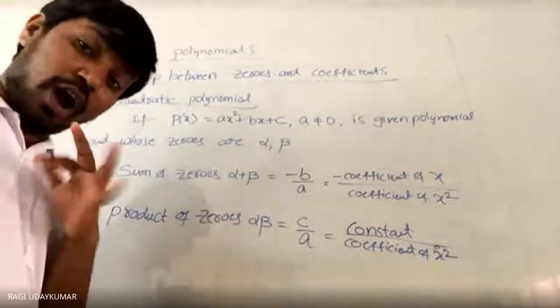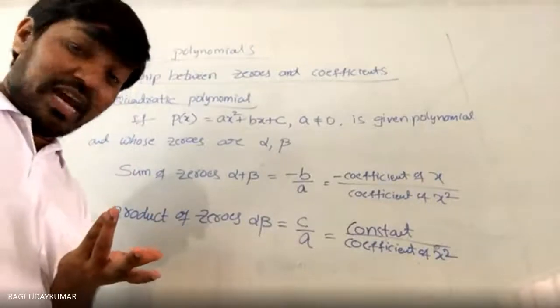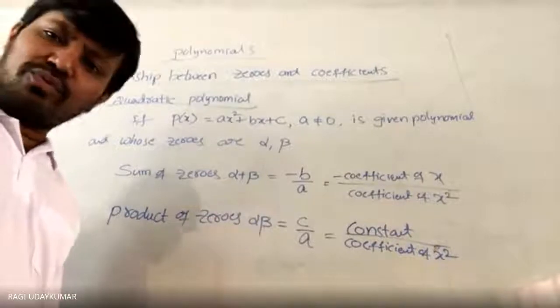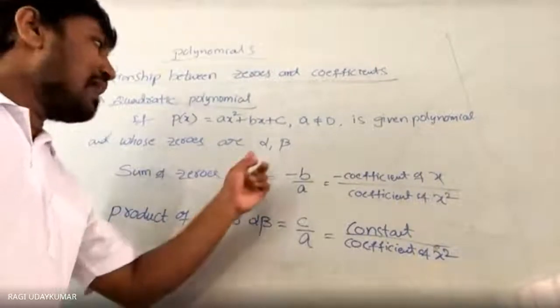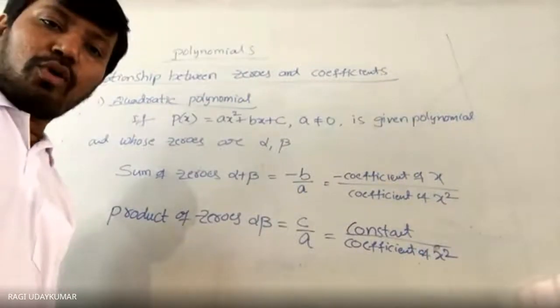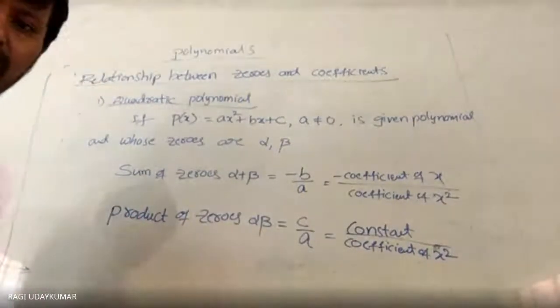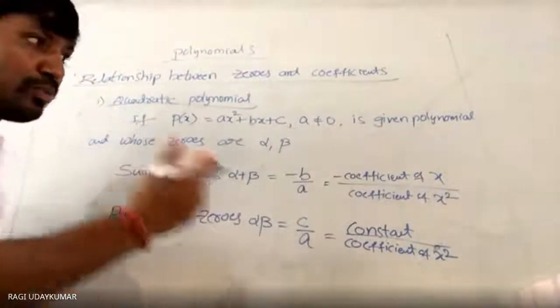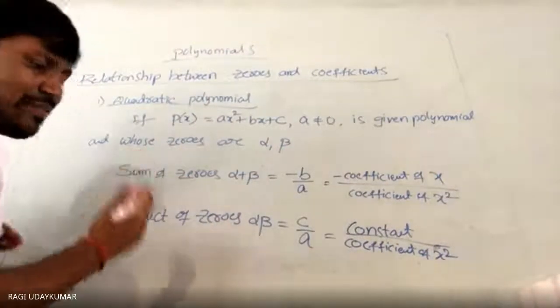Actually, how do we get alpha plus beta equals minus b by a? There will be a proof, and I'll explain it in just a few lines.